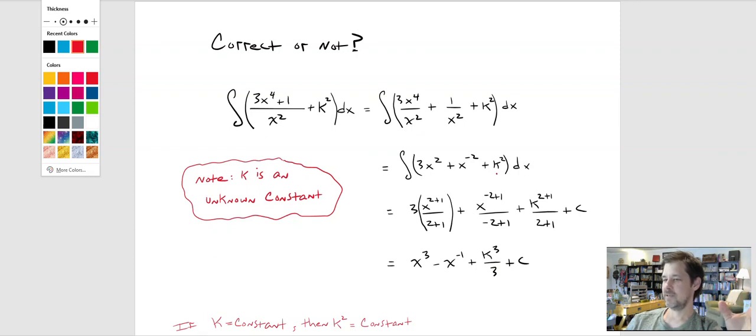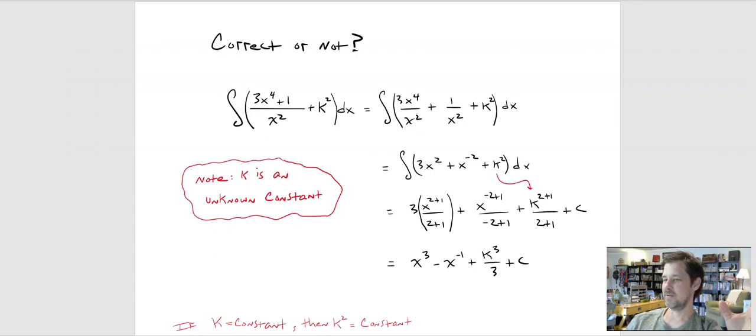If I was going to take this from here to here and then to here, I would be treating the k like it was a variable when it's a constant. So this was wrong and this was wrong. What that should be is this. Should be k squared x.